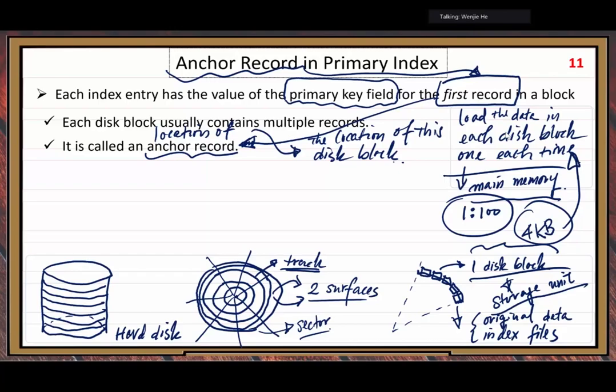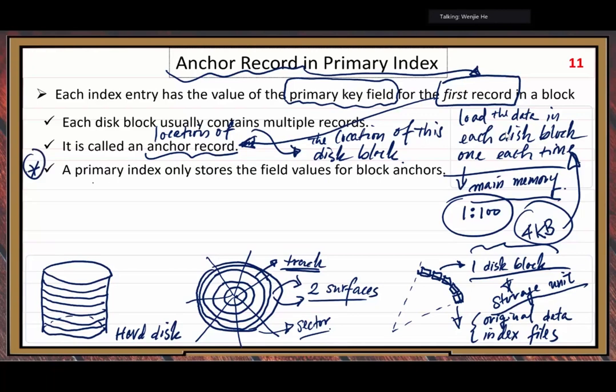A primary index only stores the field values for block anchors. This is the main property of the primary index. I already explained before, but I need to explain a little more.